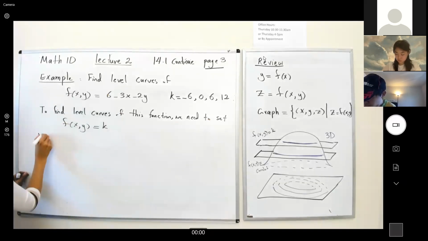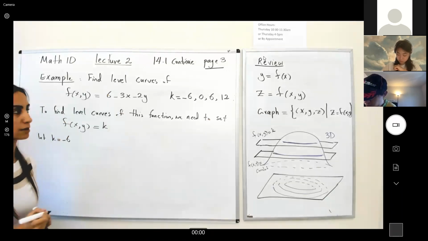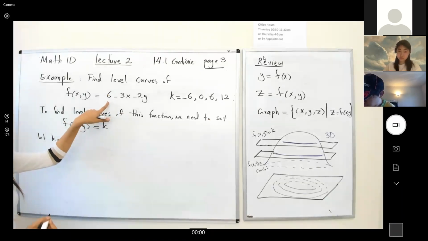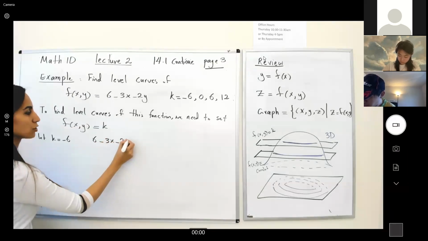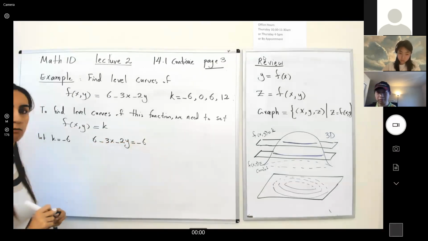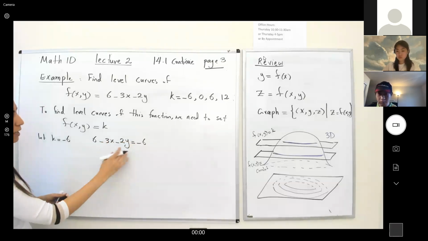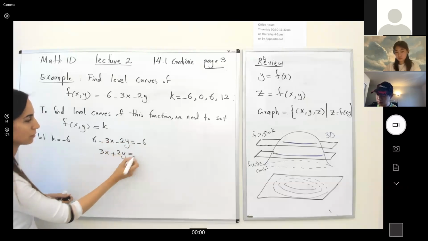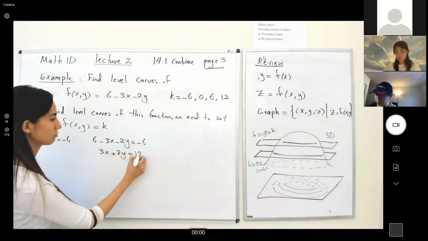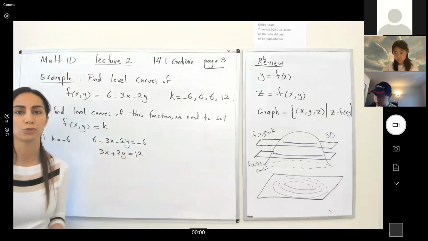So let k be equal to minus 6. f of x and y is 6 minus 3x minus 2y equals minus 6. Okay, here you can say that I have 3x plus 2y equals 12, and you have just a linear equation to graph.